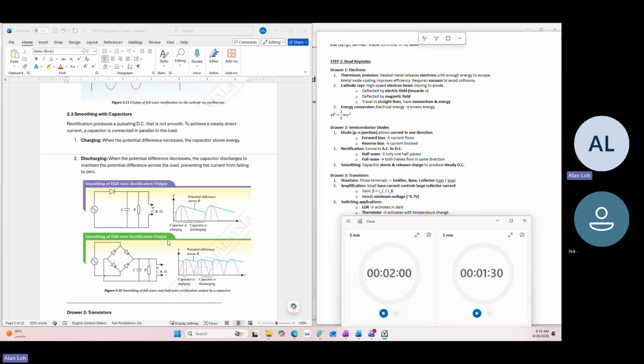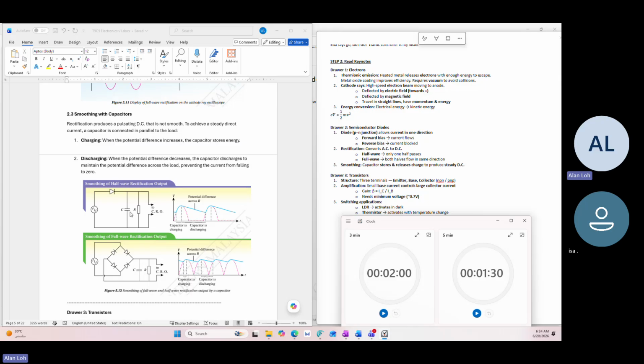All right, so let me just give a bit more explanation. This is showing the half wave. You remember the half wave? We cut the negative cycle. And now if I need to smooth it out, I put a capacitor over here. And the symbol of our capacitor is like this. The difference between a capacitor and a battery is the length of this horizontal line.